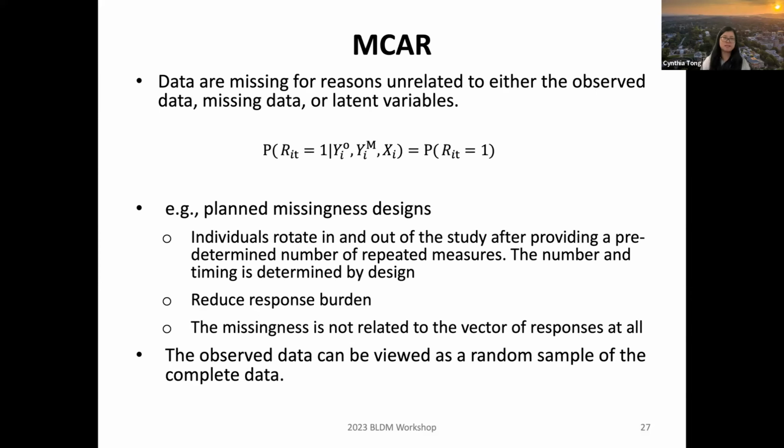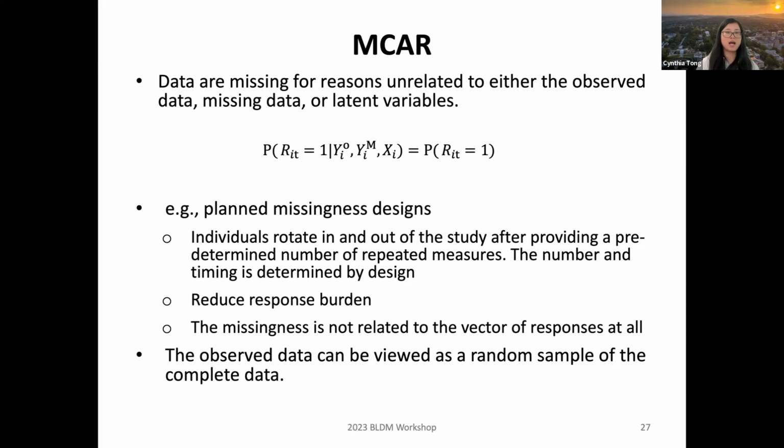So MCAR, missing completely at random, means data are missing for reasons unrelated to either the observed data, the missing data, or latent variables. So the probability of missing is not related to any of the observed, unobserved, or covariates. Examples of missing completely at random include the planned missingness designs. Basically, individuals rotate in and out of the study after providing a predetermined number of repeated measures.